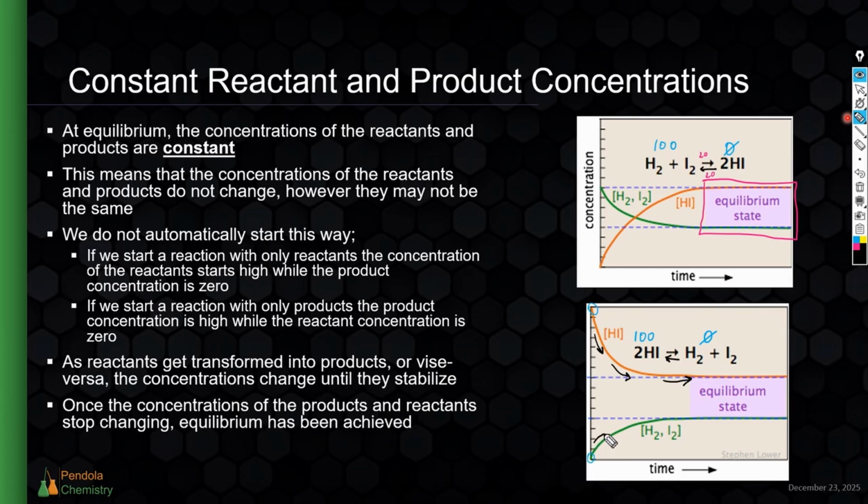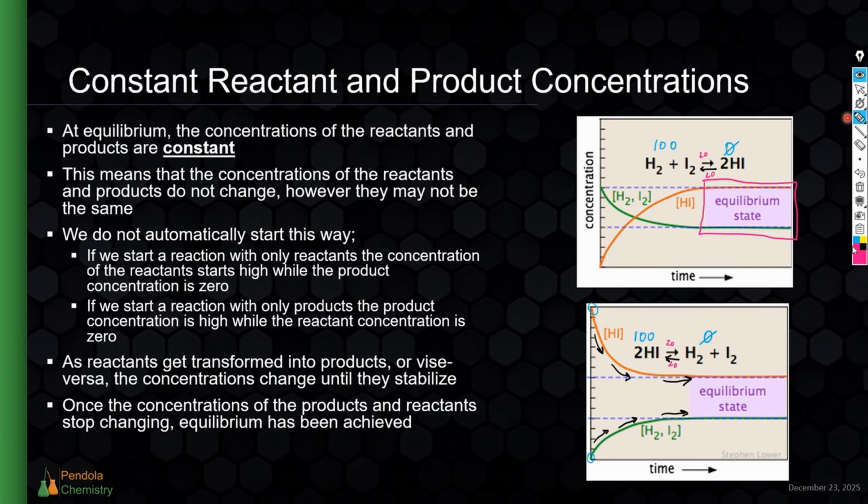As the H2 and I2 are being created, their concentration goes up, but eventually stabilizes once the rates of the forward and reverse reaction, let's say 20, become the same. As we create 20 H2s, we use up 20 H2s. As we create 20 I2s, we use up 20 I2s.